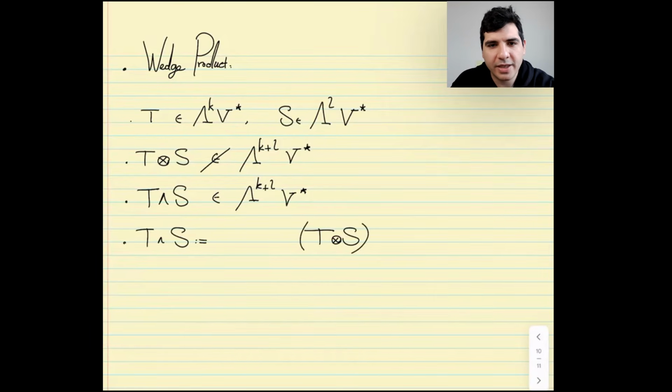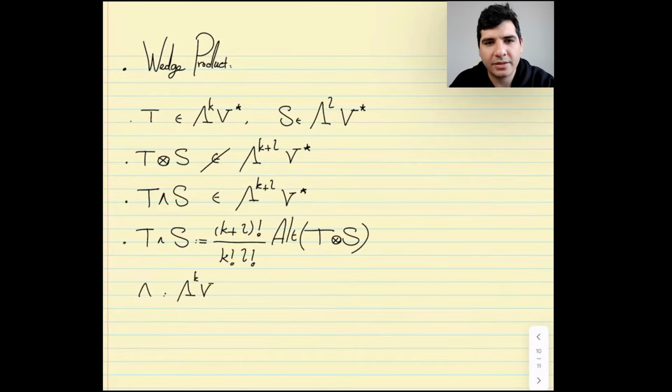We define T wedge S to be the alternating map applied to T tensor S. Again, there is a constant, K plus L factorial divided by K factorial L factorial. That's just a normalization thing. So this would be an element of lambda^(K plus L) V star.